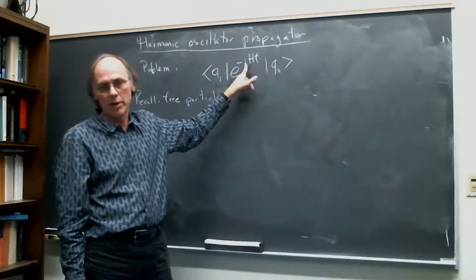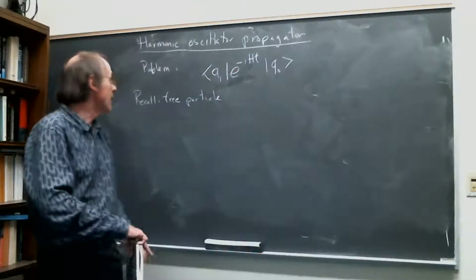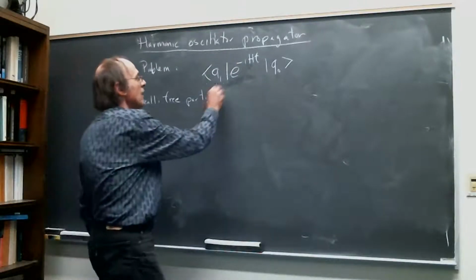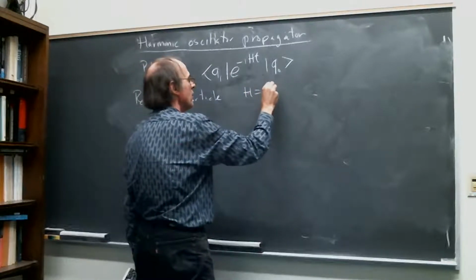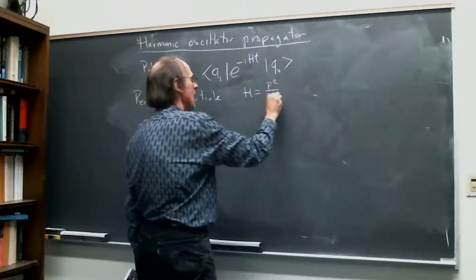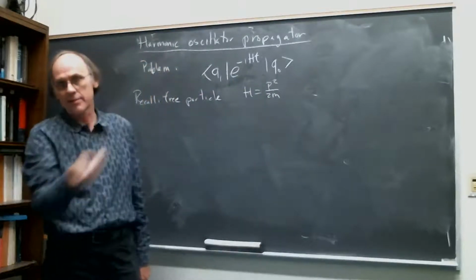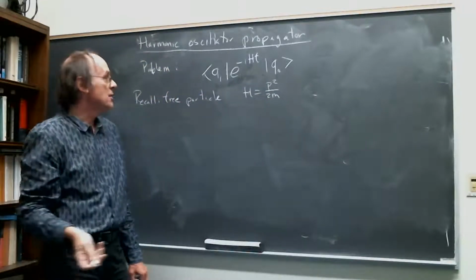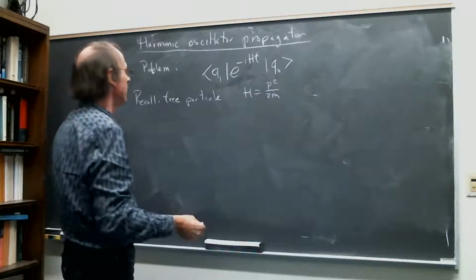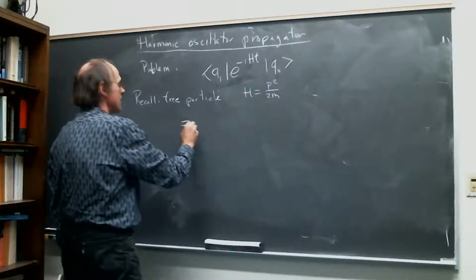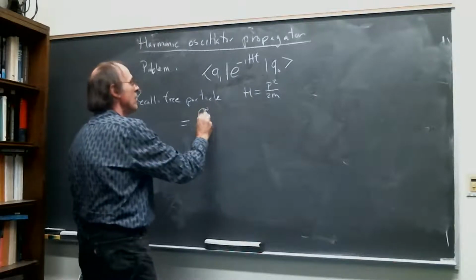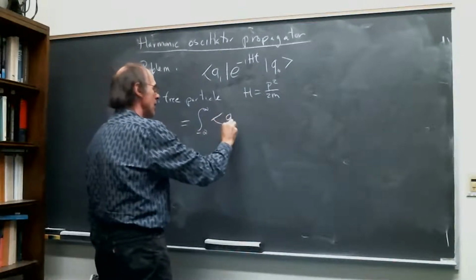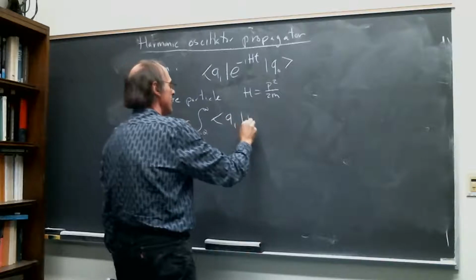For the free particle, H is just p squared over 2m, so this is diagonal, and it behaves nicely in position space. So for the free particle, you write this as the integral from minus infinity to infinity over all possible choices of p of these guys.